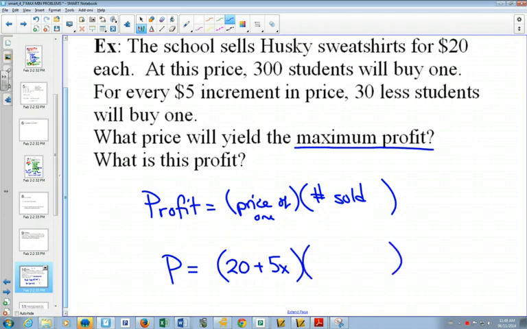And the way that I like to think of this is, if we started with 20, then we sold 300. So if x is 0, then this would just be 20 times 300, what we had before. But what happens if x is 1? If we raise it $5, we have to minus 30. So one $5 increase will reduce this by 30. So what did we make our x?